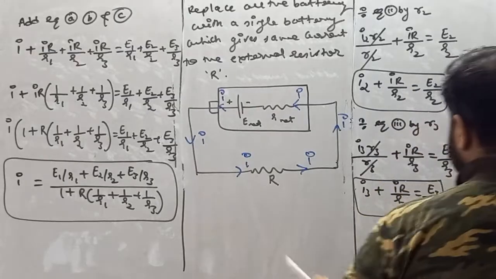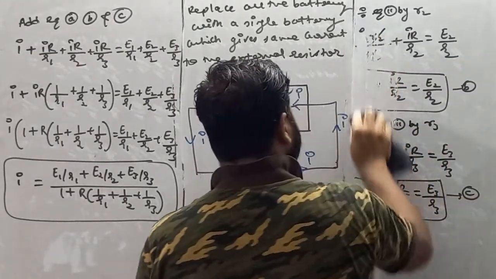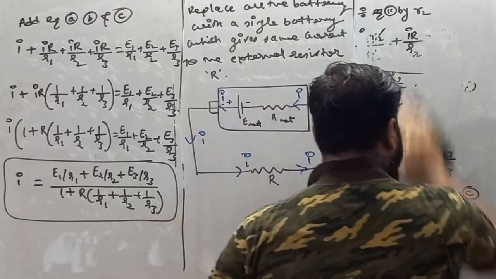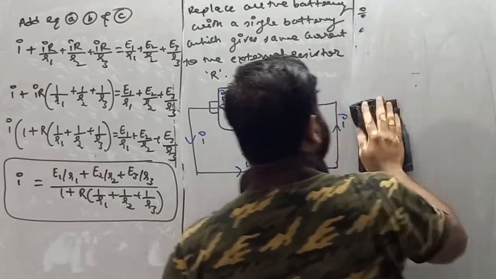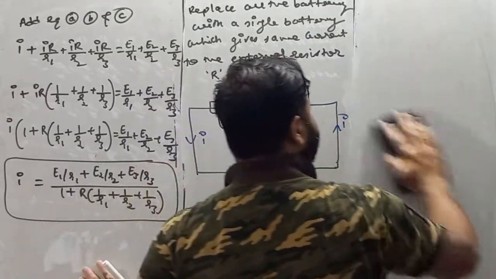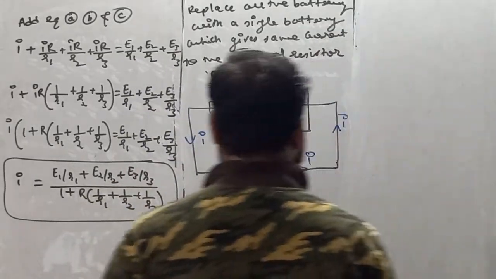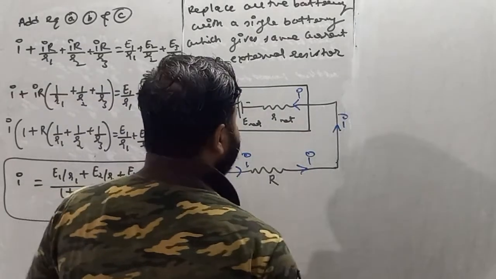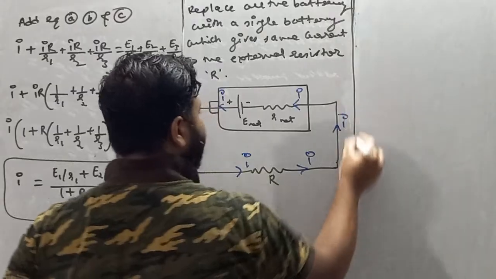Now see, my dear student, this is also a closed circuit. So if this is a closed circuit, then we are capable to apply Kirchhoff's voltage law again. So write down, by Kirchhoff's voltage law. What we'll get? Check it out.